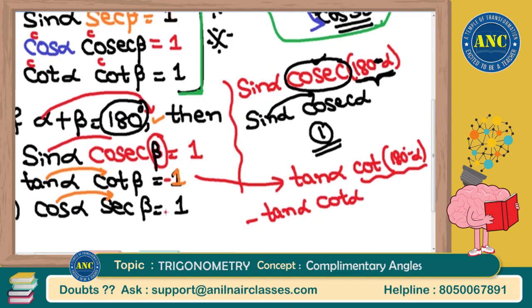Very very good, sir. Similarly, it is the same thing here also, because secant of 180 minus alpha is nothing but minus secant alpha. Now why is it plus 1 here and minus 1 in this case, which I forgot to mention here? Because 180 minus something will come in the second quadrant.